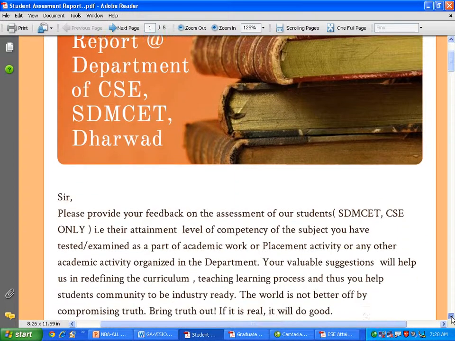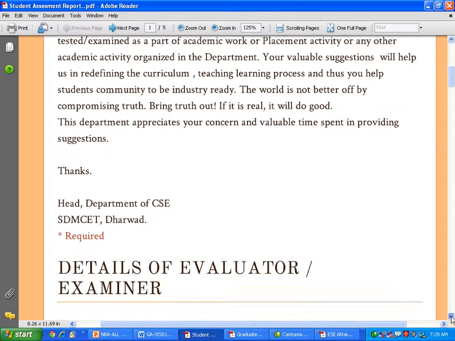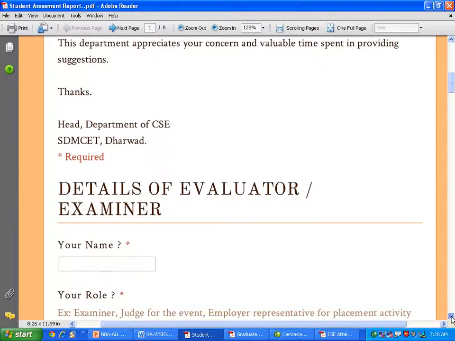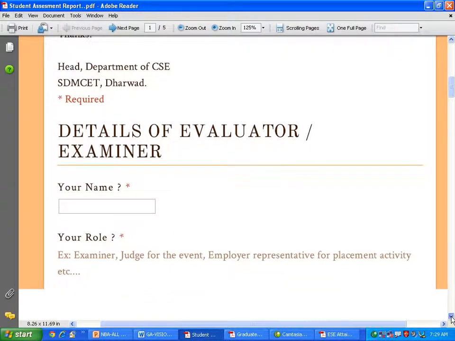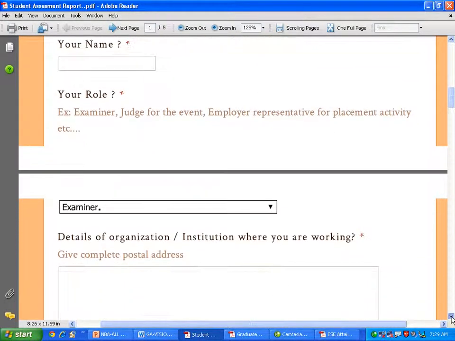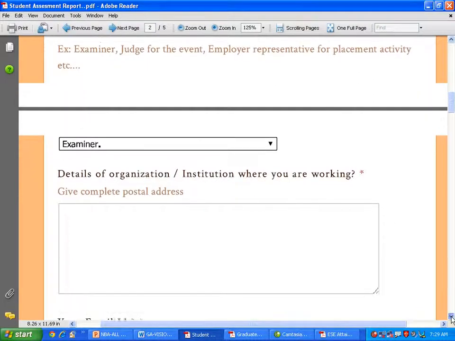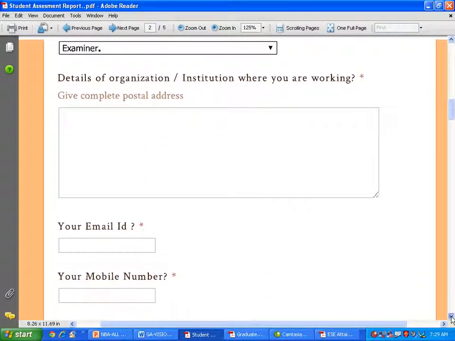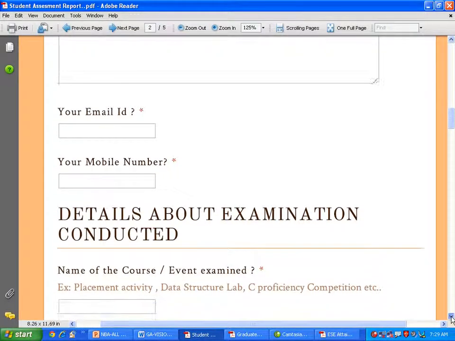So look at this. This is what the computer science department has developed. Details of the evaluator: the name, the role, could be examiner, could be judge for the event, could be employer representative for placement activities, right? Details of the organization, from which company, which organization they have come, email IDs, their mobile number, then details about the examination itself.